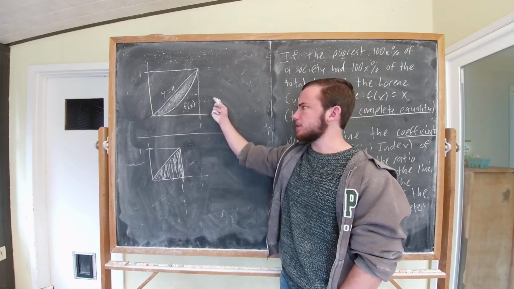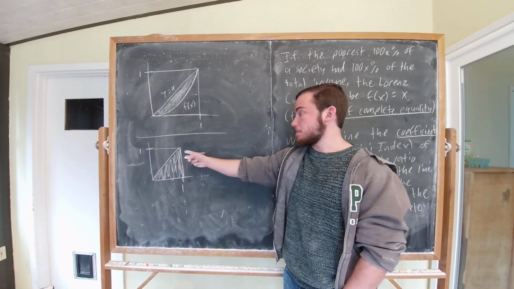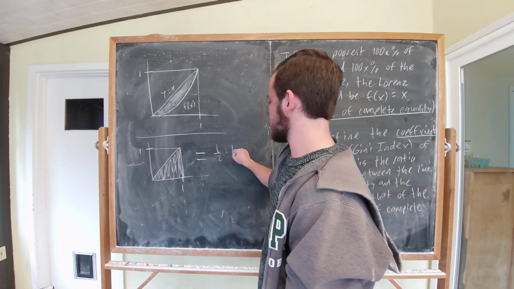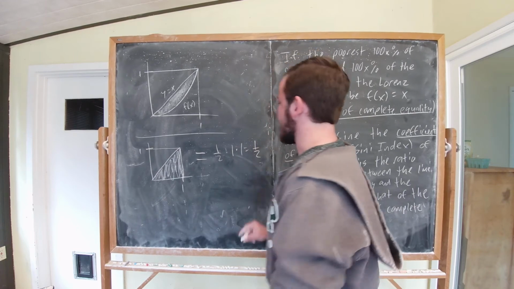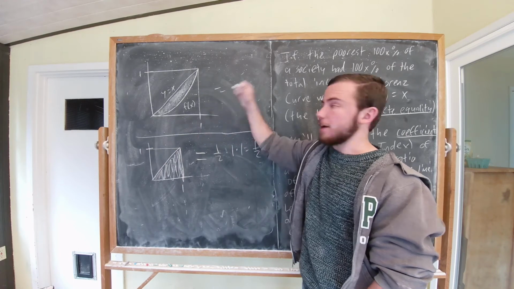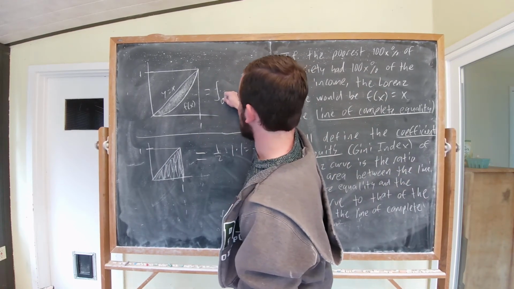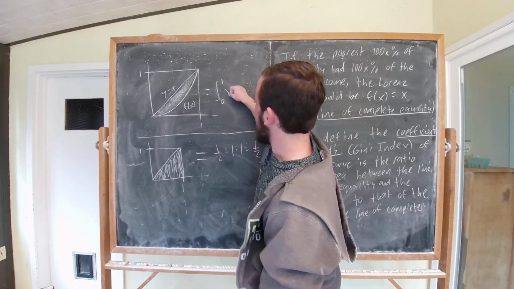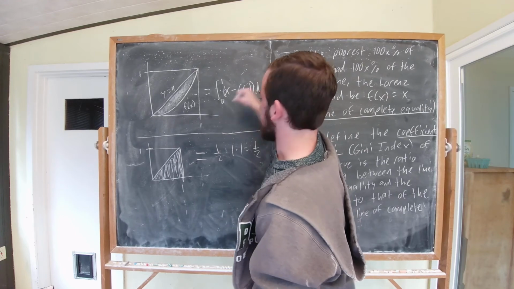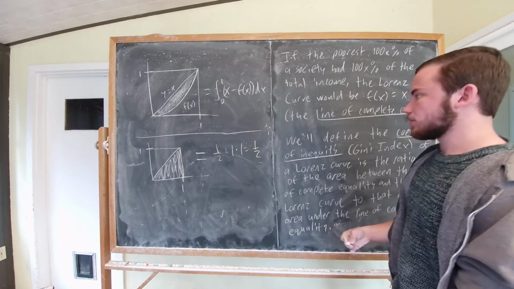But we know how to find both of these areas. This is a triangle with base 1 and height 1. So that has area 1/2. And this we can use our technique for area between two curves. This is the integral from 0 to 1 of x minus f of x dx, since we're going between 0 and 1 and y equals x is on top.